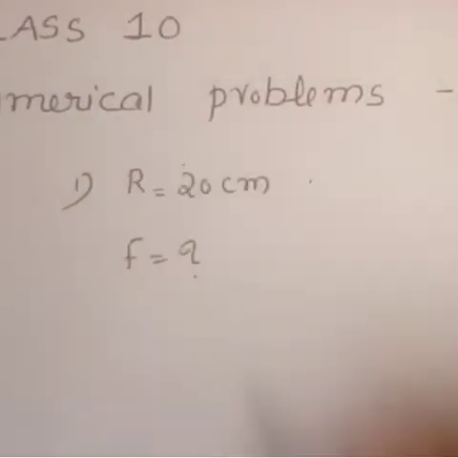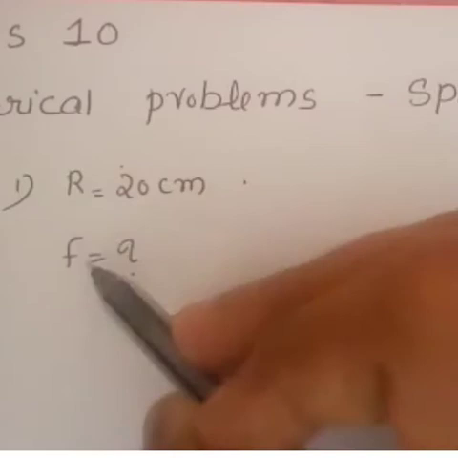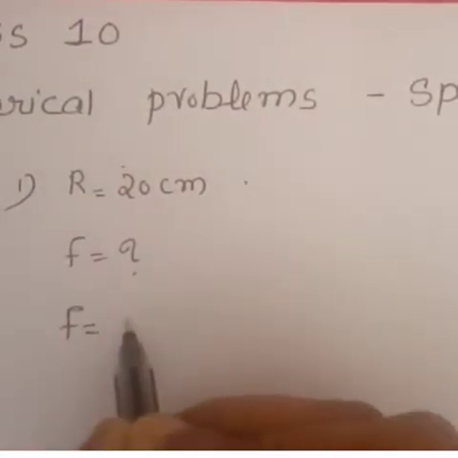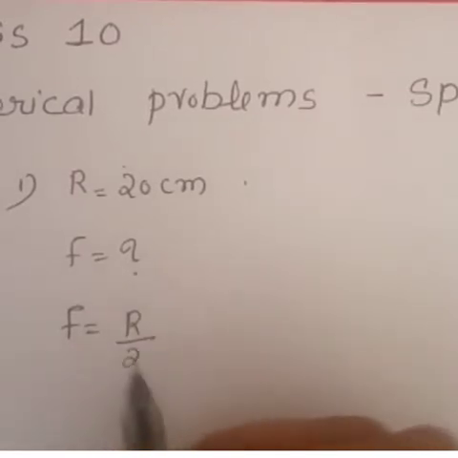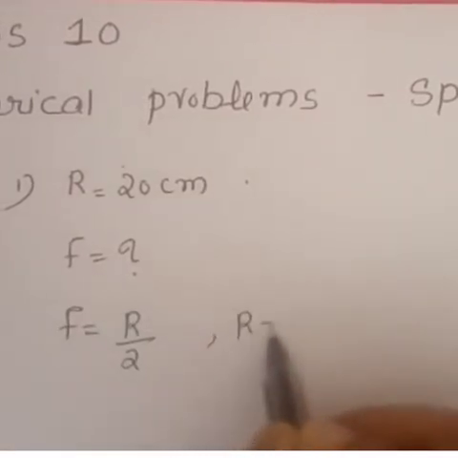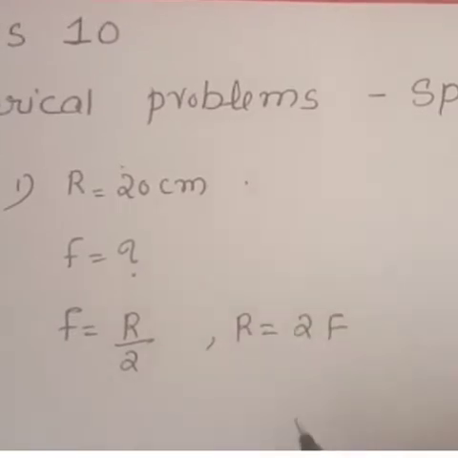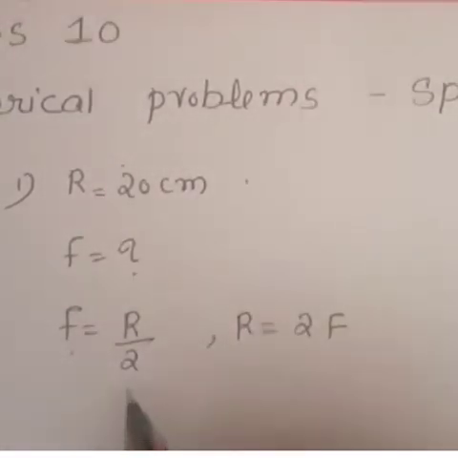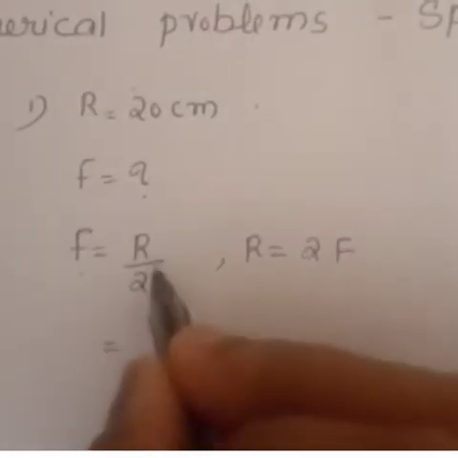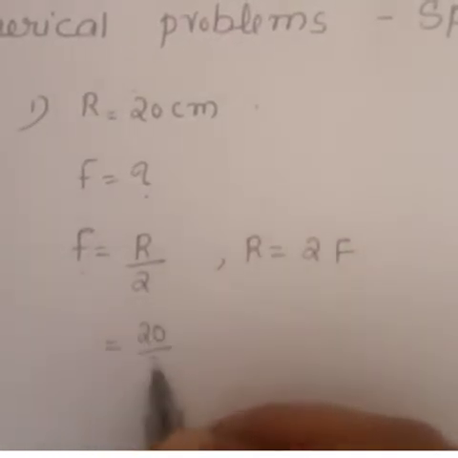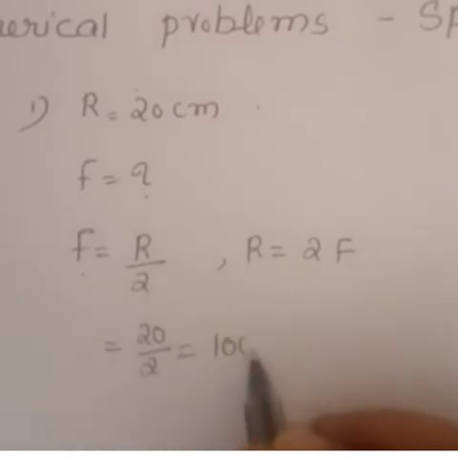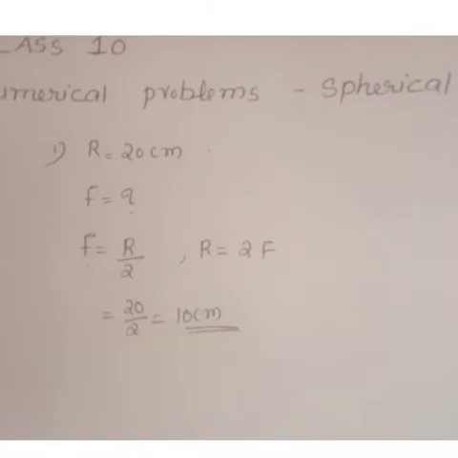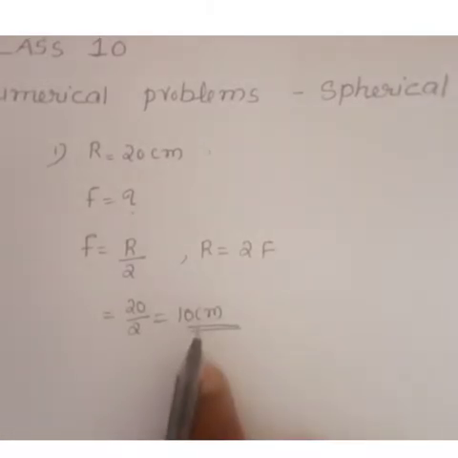What is the relation connecting R and F? F is equal to R by 2, or R is equal to 2 into F. So F is equal to R by 2. Substituting the value of R, F is equal to 20 divided by 2, which is 10 centimeter. So the focal length of that spherical mirror is 10 centimeter.